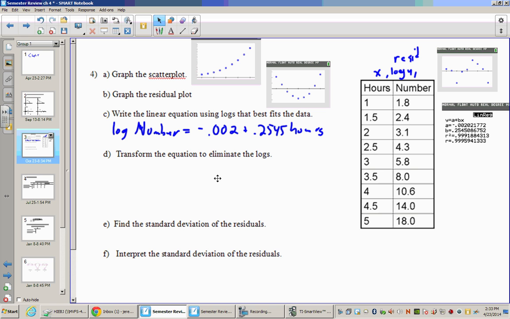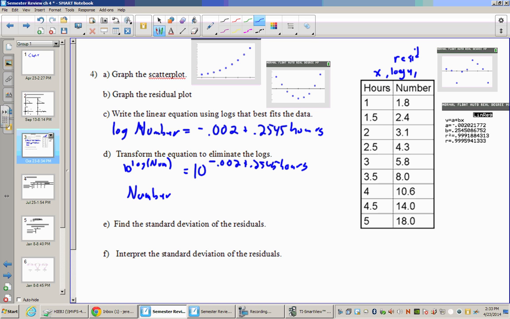All right. Now we need to transform this to eliminate the logs. To transform it, I'm going to do 10 to both sides. And 10 to the log of numbers is just going to be numbers equals this.